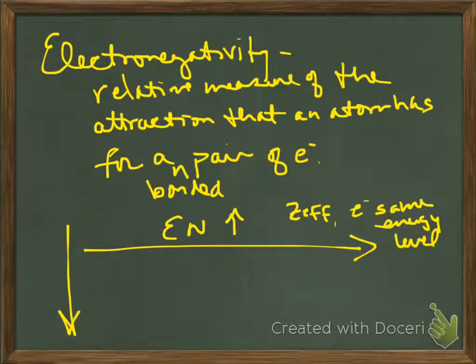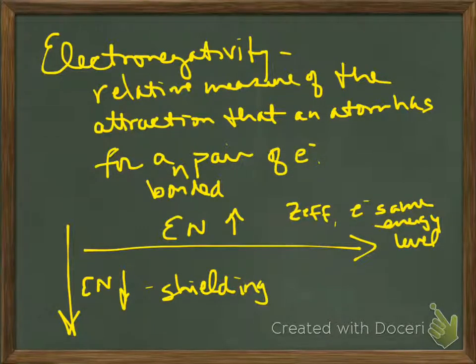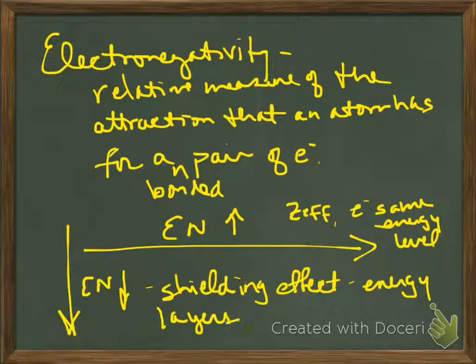As we go down a group, the electronegativity tends to decrease, and this is due to the shielding effect. That's the energy layers being added, shielding the outer electrons from that positive nuclear charge.